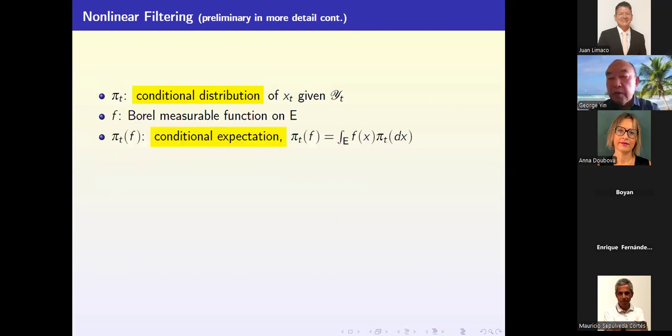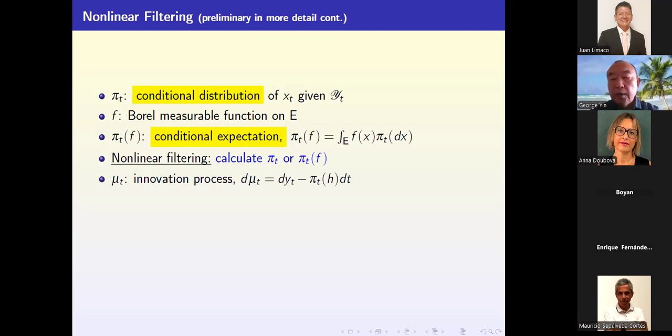We use the notation pi_t(f) to denote the conditional expectation, which is just the integral against the conditional measure. So what the nonlinear filter does is calculate either the conditional probability or the conditional expectation.